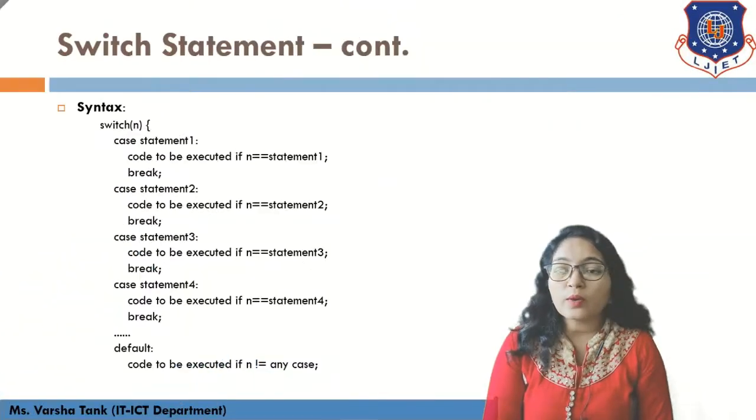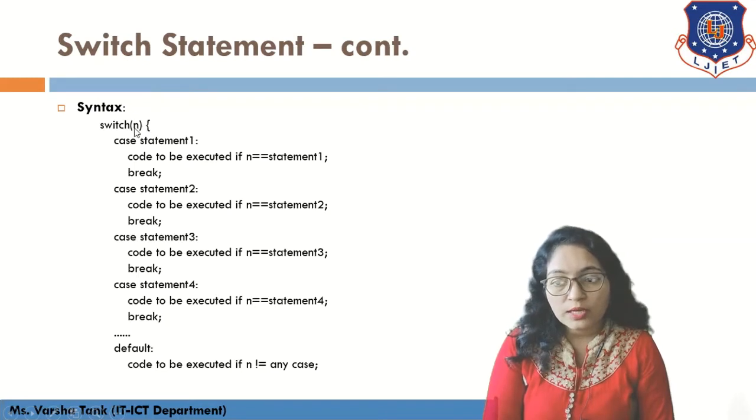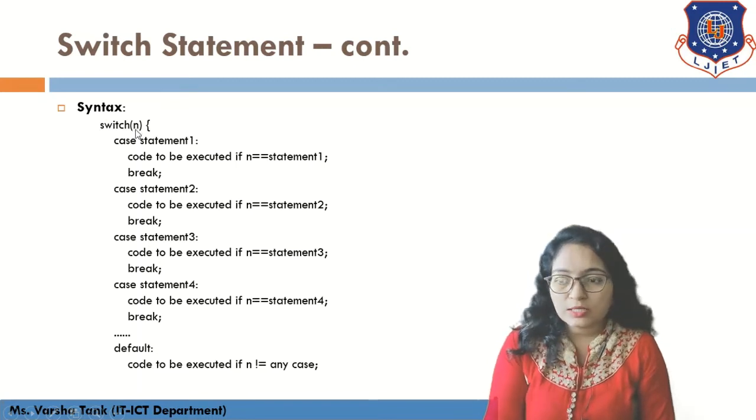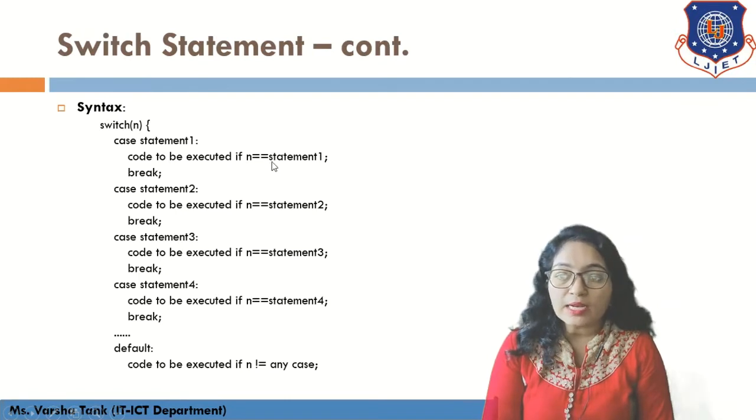Okay, so here you can see the syntax: switch, and here we have to pass this number as the switch cases. Case statement 1, then code to be executed if n is equal to statement 1.